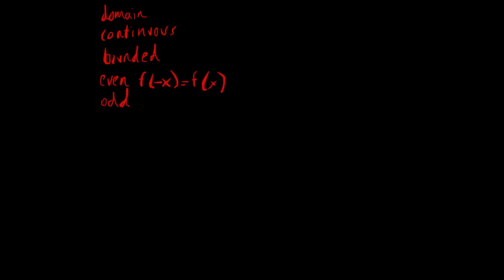The function's graph is symmetric about the origin. Increasing. The function's graph is headed upward as it moves from left to right. Decreasing. The function's graph is headed downward as it moves from left to right.